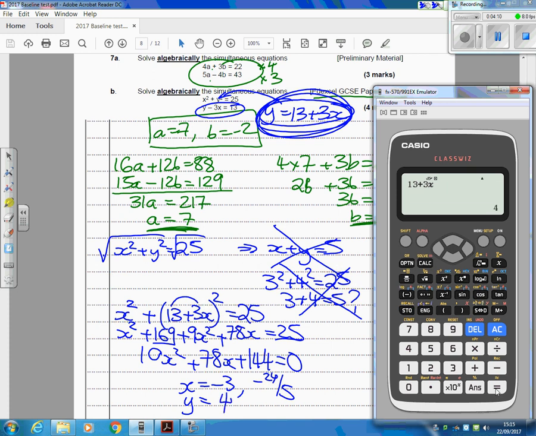Let's calculate it again. This time we're calculating it with an x value of -24 divided by 5. And that tells us that the y value is -7/5. All I've been doing there is use the calculator to drop the values into there. That was a tough question for most people.